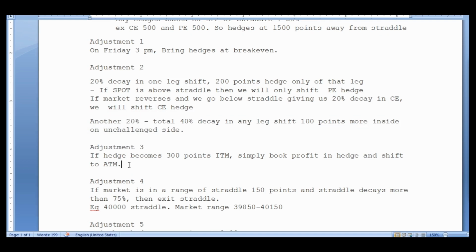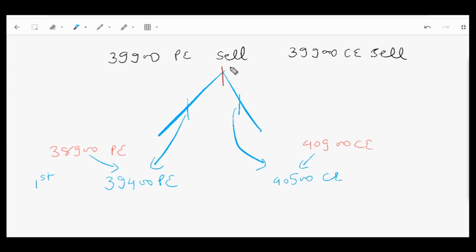Now another adjustment is whenever any hedge becomes in the money by 300 points, right? So we'll simply book profit in that, and we'll shift our hedge strike to the ATM of that time. Suppose the market was at 39,900 when we created this iron fly. Then on the next day we have brought hedges inside on the put side, for example. Now if the market is going down, our hedge strike is this 39,400.